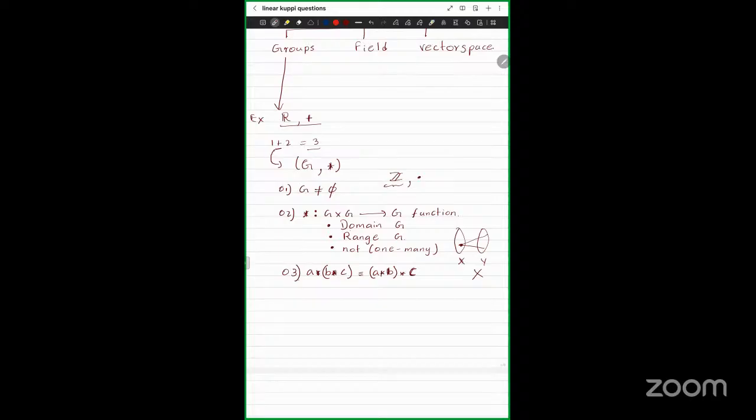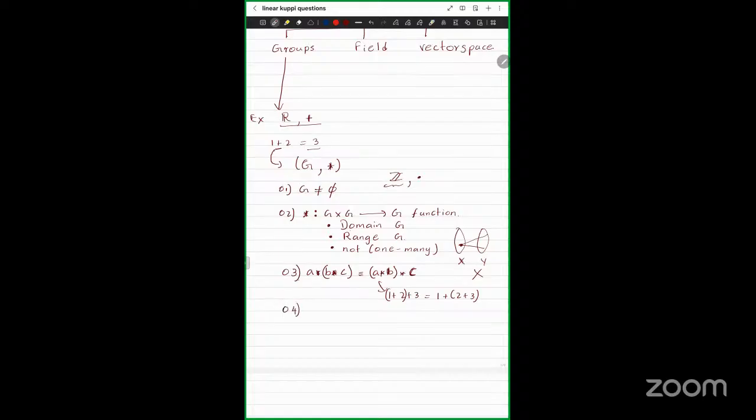First, we perform the operation on two elements, get the result, and do it with the third element. As an example, use plus on real numbers. 1 plus 2 plus 3: if we add 1 and 2 and then 3, that is always equal to 1 plus 2 plus 3. It doesn't matter whether we first add 2 plus 3 or 1 plus 2. If this is satisfied, that is the third condition.